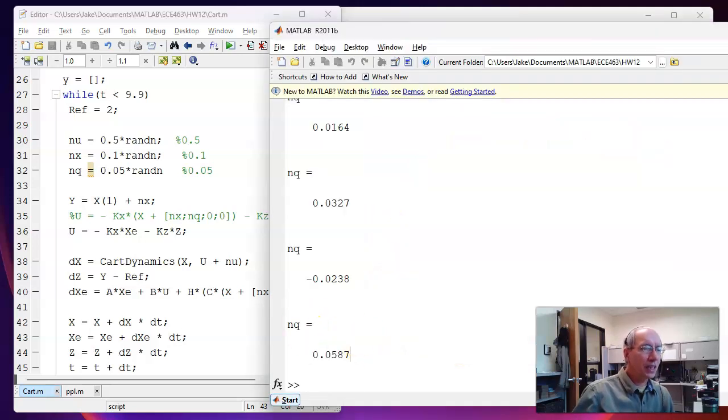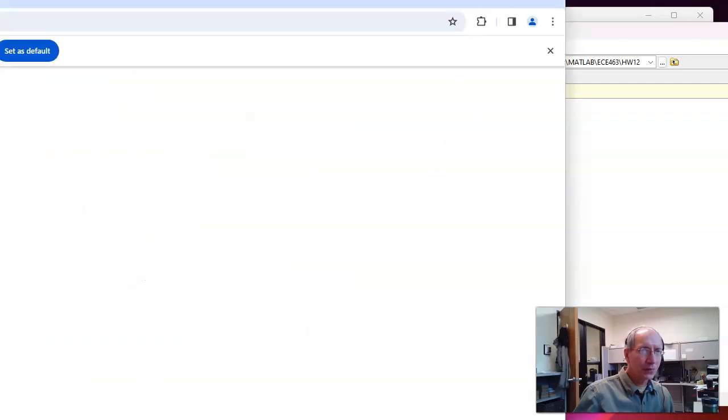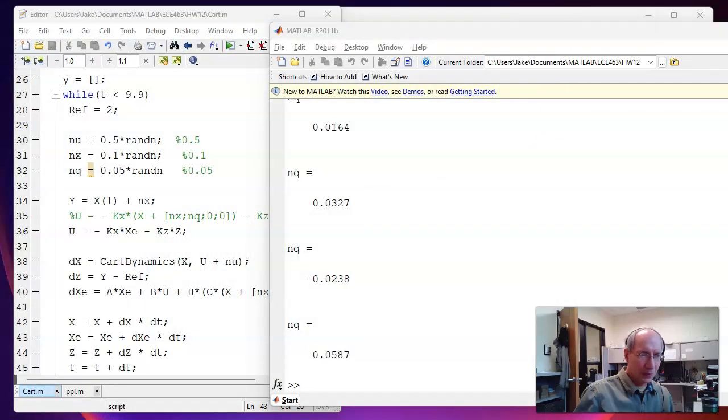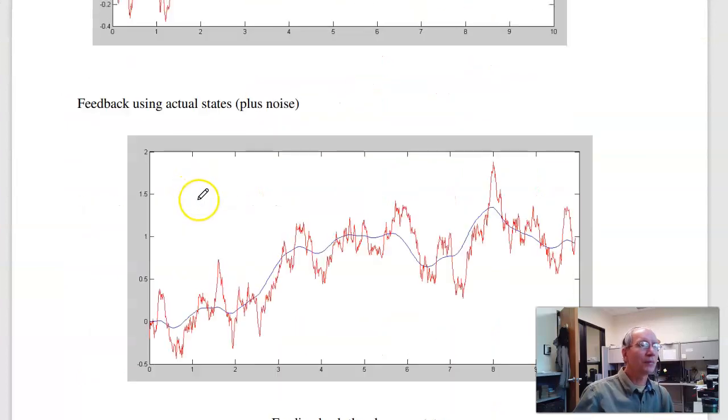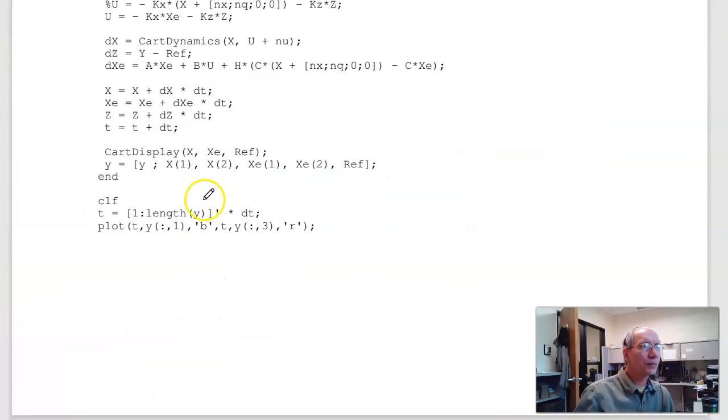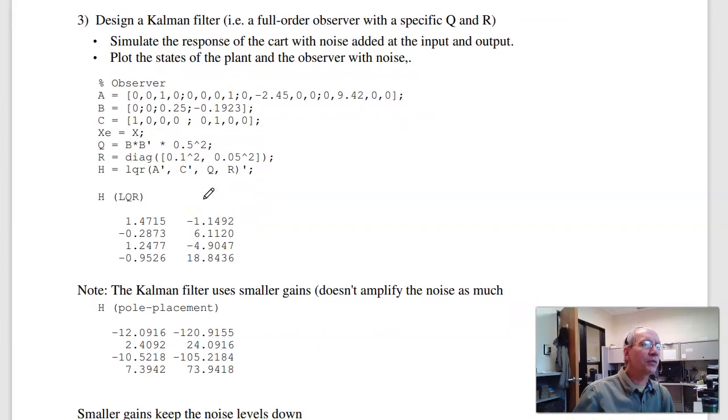Suppose instead I used a Kalman filter. A Kalman filter is just a fuller order observer, but it uses a very specific H. In that case, H comes from Q and R. Q is the input disturbance. So my input goes through the B matrix.